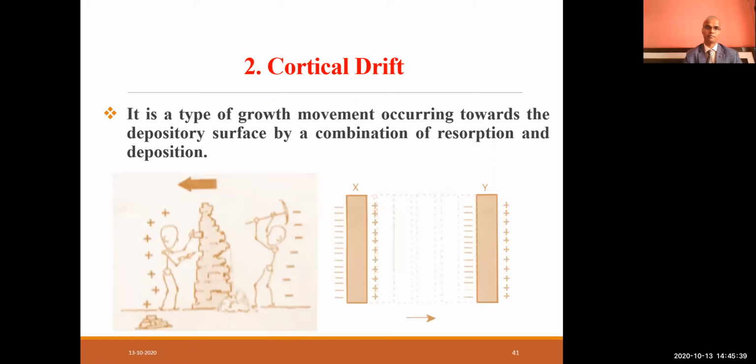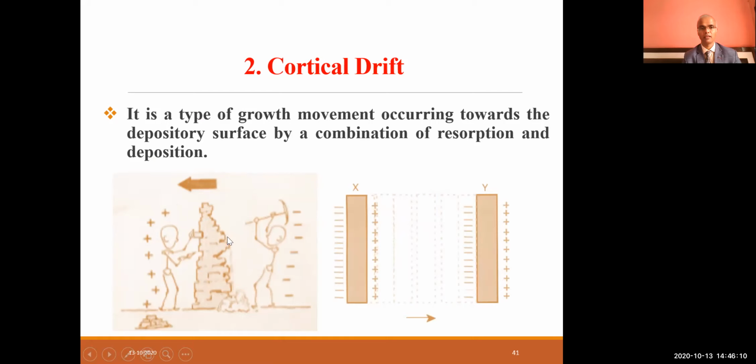Second is cortical drift. Cortical drift is a type of growth movement occurring towards the depository surface by a combination of resorption and deposition. We have learned that resorption means removal of bone and deposition means addition of bone. Like here, this structure moves in a forward direction by addition of bone.